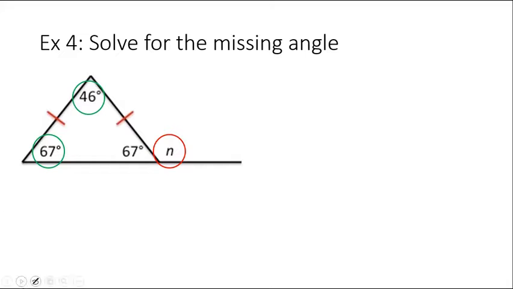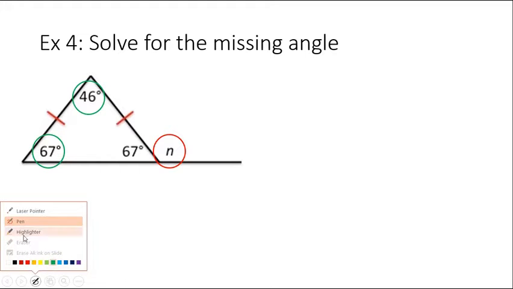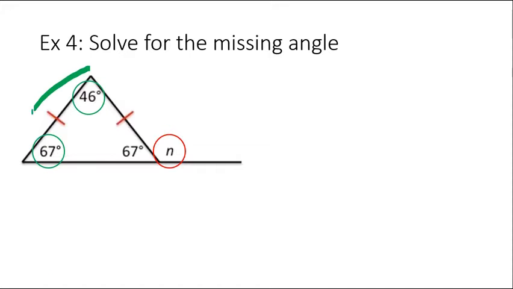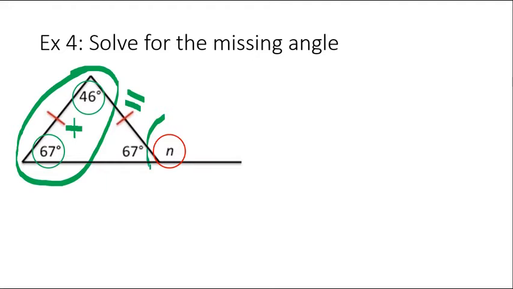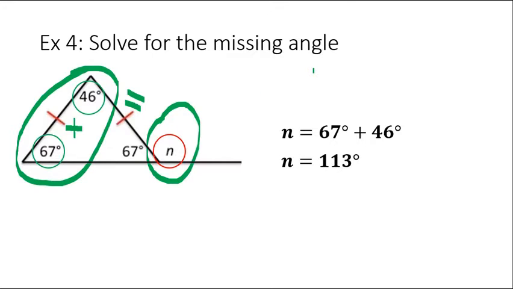So we take these two and add them together, and that will equal this angle. So you say n equals 67 plus 46, which gives us 113, and that's our answer.